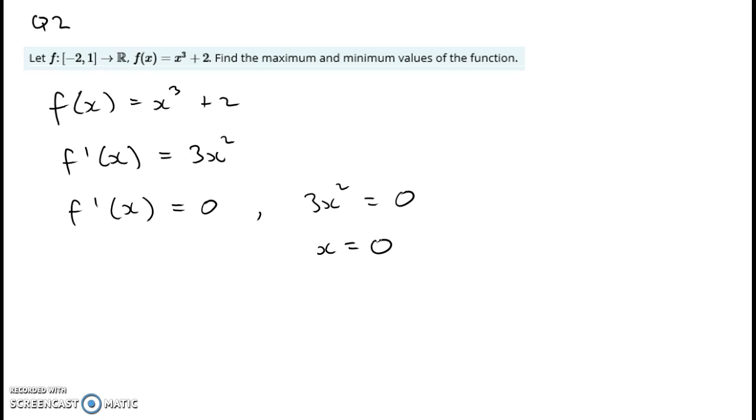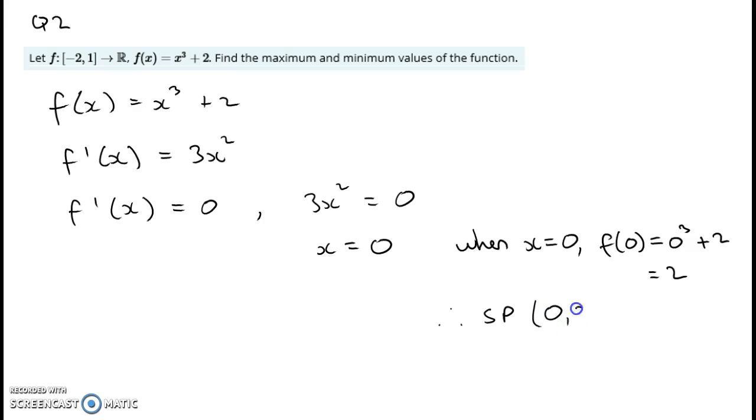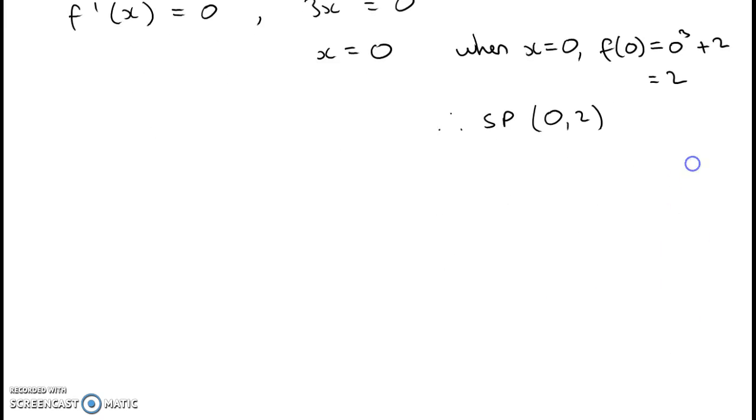To find the actual coordinate of the stationary point, when x equals 0, we'll have f of 0 equals 0 cubed plus 2. Therefore, we've got a stationary point at 0, 2.